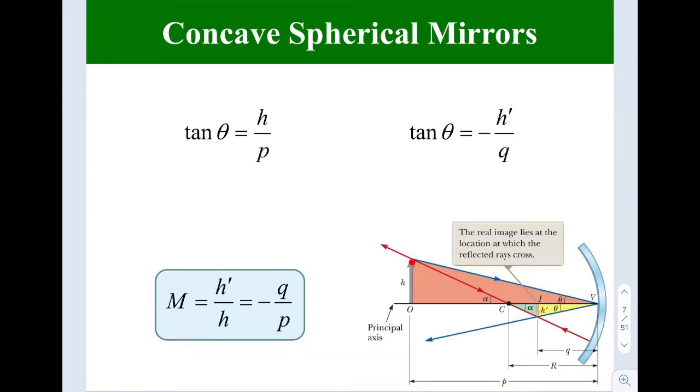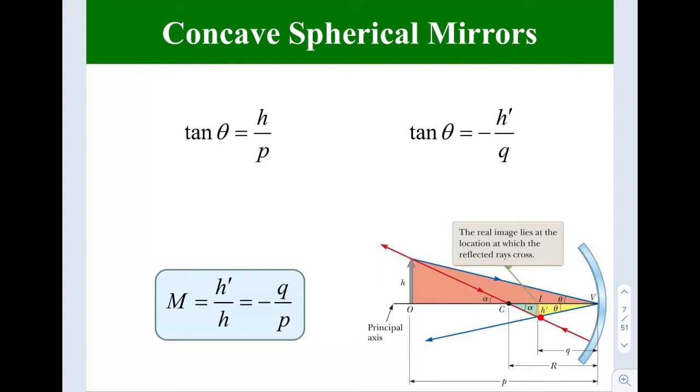It moves from the top of the object, is projected onto the center of the mirror, and then reflected. The incident angle must be equal to the reflected angle, obeying the law of reflection. The point where these two rays intersect will be the top of our image.